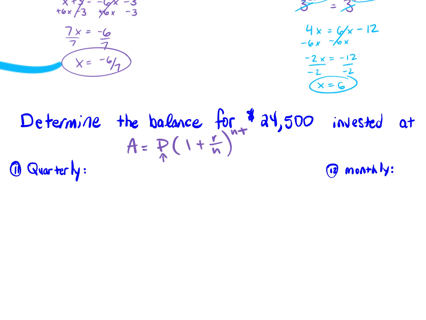P is the starting amount. R is our rate. But what does the rate have to be? The decimal version. So the decimal version of our rate. N is the number of times compounded per year. And then T is the number of years.